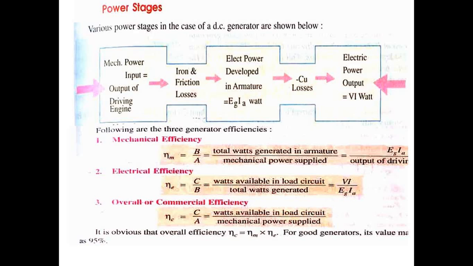And overall commercial efficiency is equal to watts available in the load circuit divided by mechanical power supplied. It is obvious that overall efficiency is equal to mechanical times electrical. For good generators, it is a value of about 95 percent.